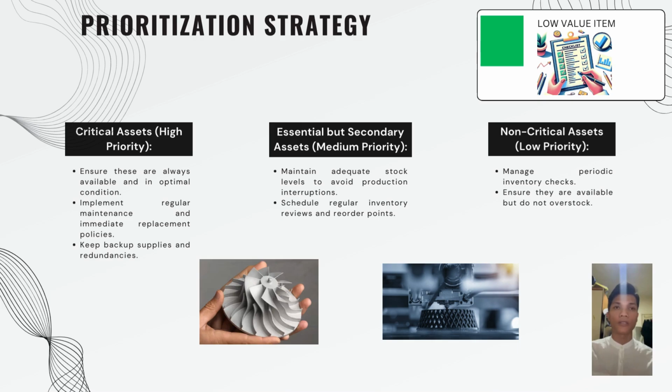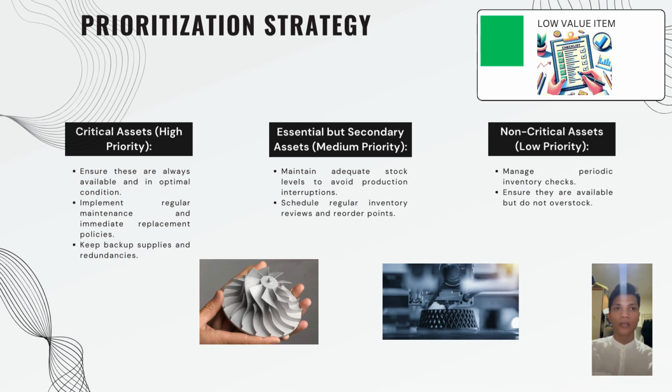So, the prioritization strategy. Critical assets are high priority. Ensure these are always available in optimal condition. Implement regular maintenance and immediate replacement policies, and keep backup supply and redundancy. Next are essential but secondary assets at medium priority.